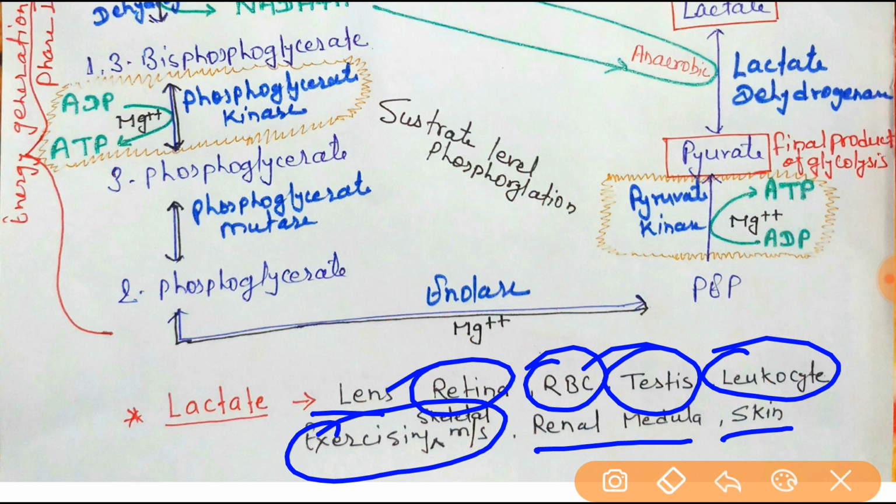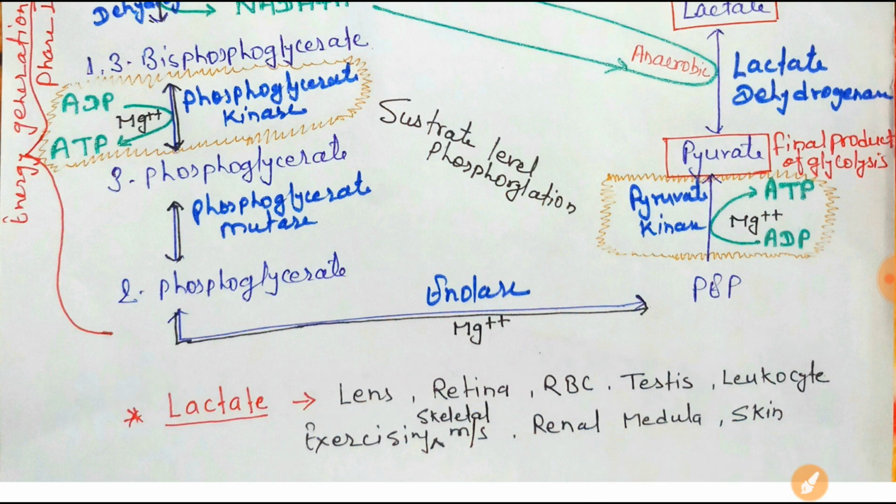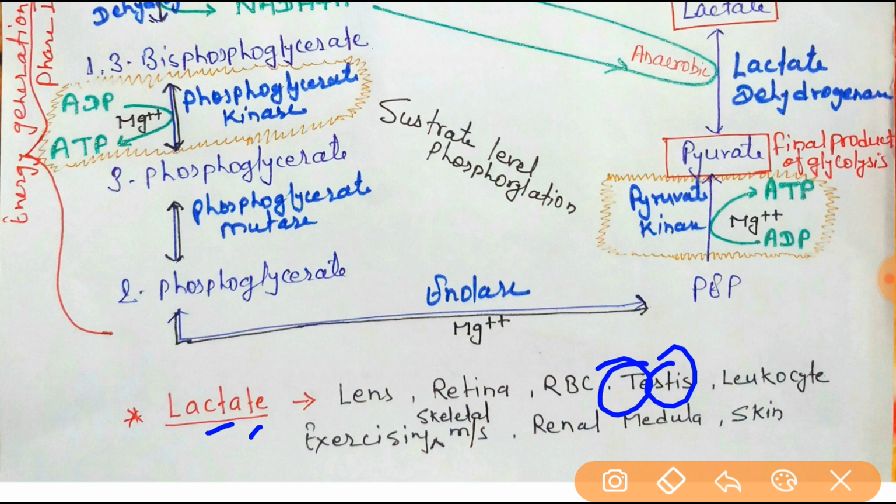You can remember it by a simple trick. L for lactate, L for lens and leukocyte. Here 2 TE are used, so testis, you have to remember testis. Next one, last word is E, that means exercising skeletal muscles.